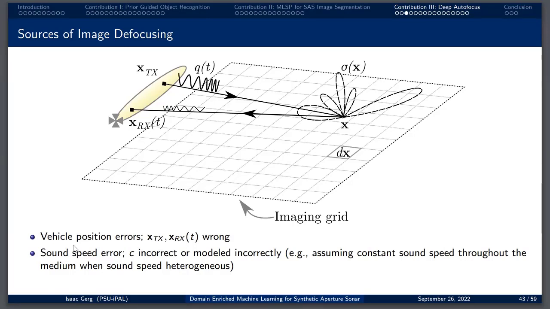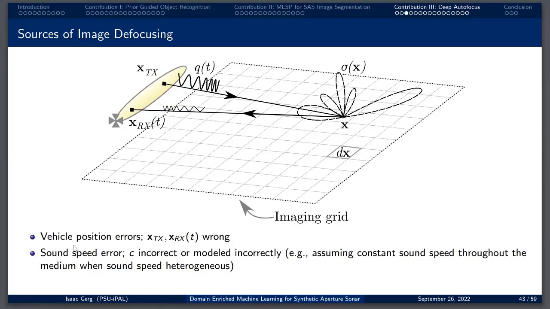Maybe I'm in the ocean coming up to a river estuary, I have brackish water mixing with fresh water and the sound speed is changing. So I don't know this, and that affects the time of flight. If I don't know where these positions are, remember, to form the synthetic aperture I have to know the position of the sonar ping to ping to about 1/10 of a wavelength.